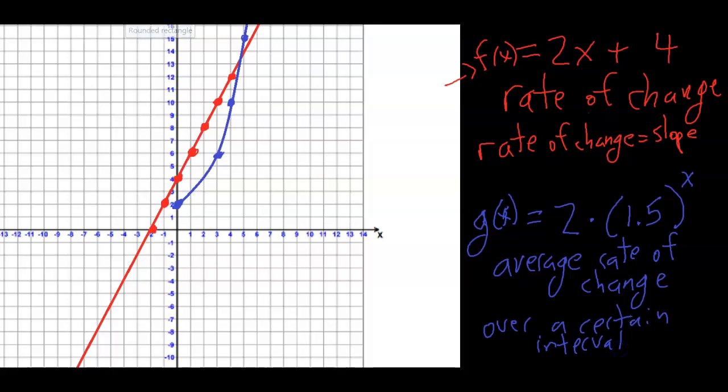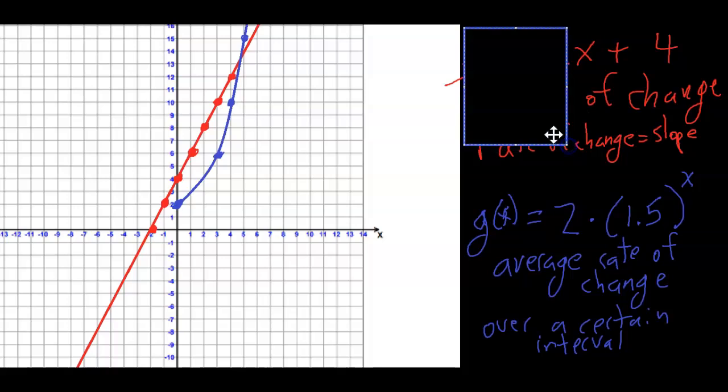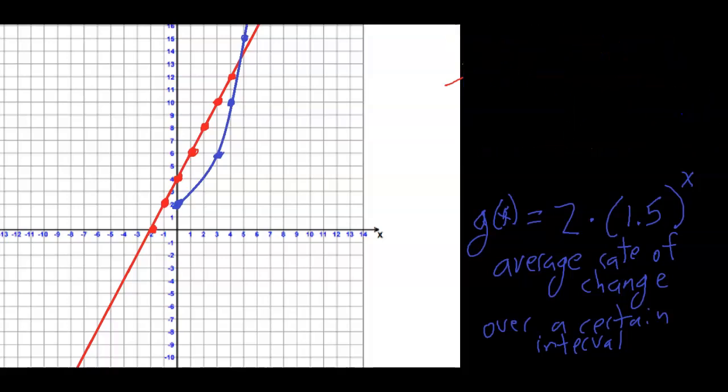And I think that'll be easy to understand once we get to work calculating something.